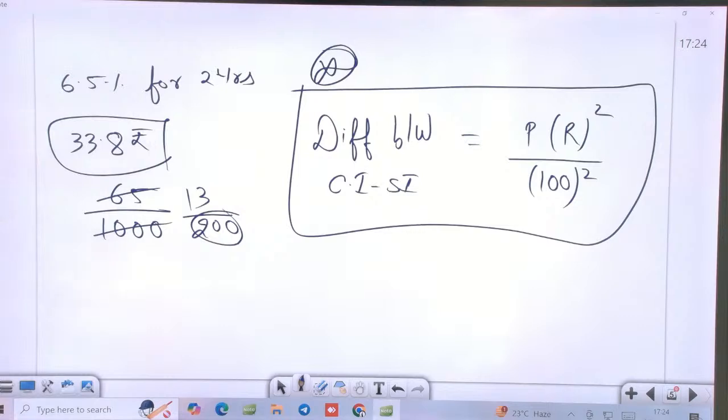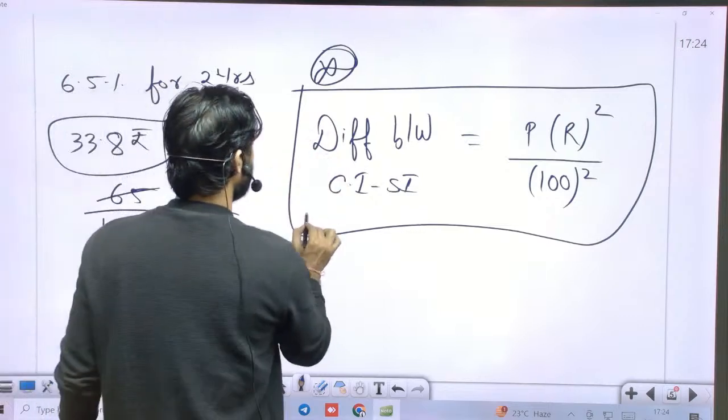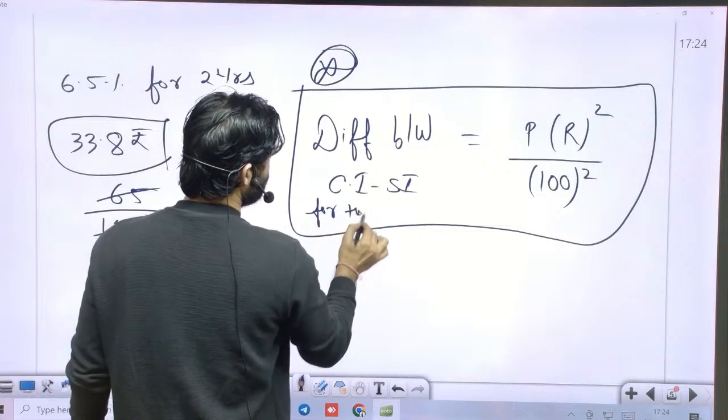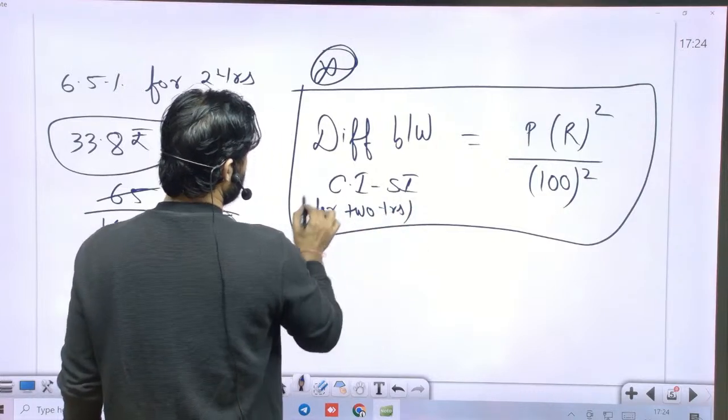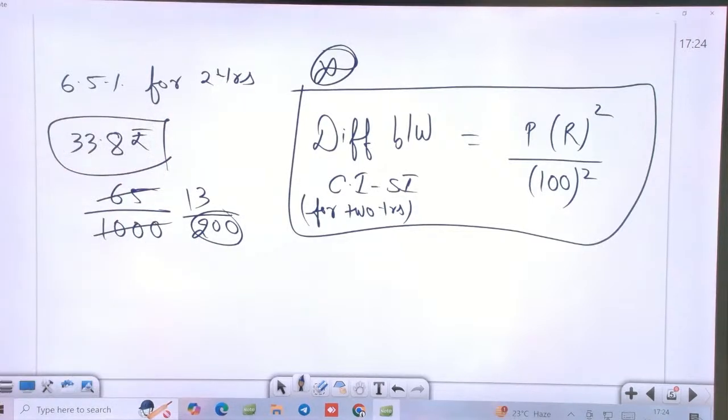And this is for 2 years. So in the case of 2 years, for the difference between CI and SI, we can apply this formula directly and you will get the answer directly. What is the answer after applying it? 8,000. Look at the board please now.